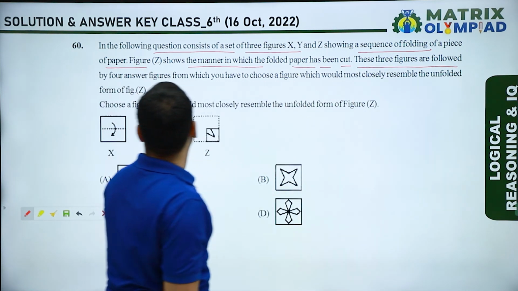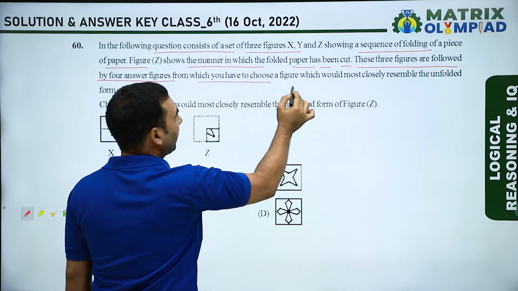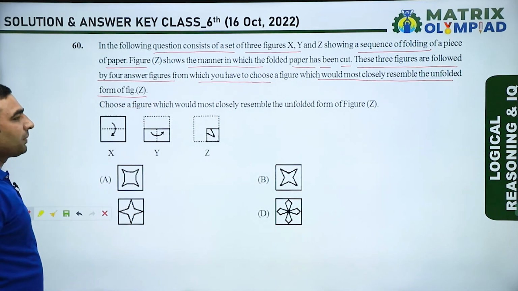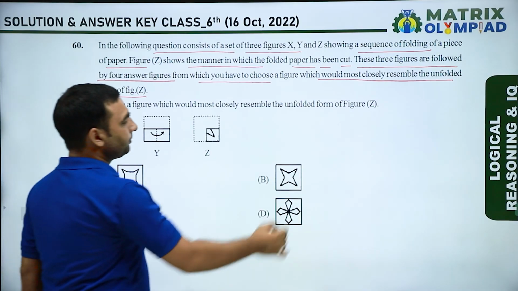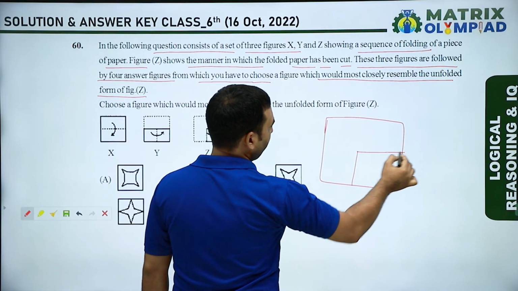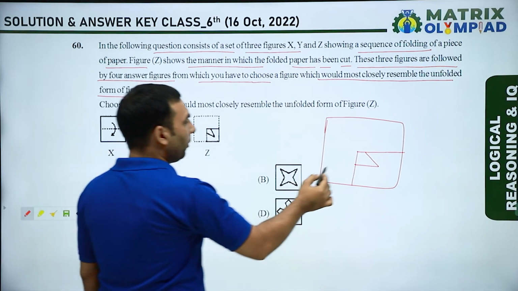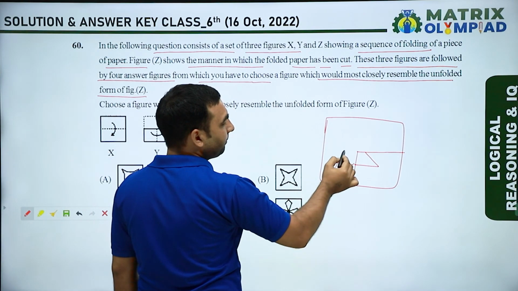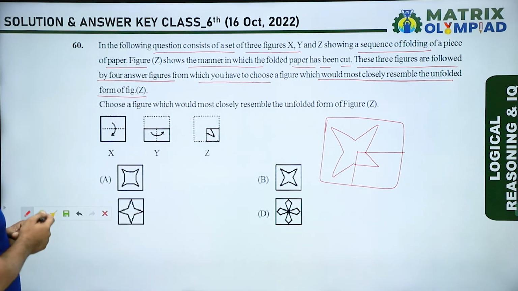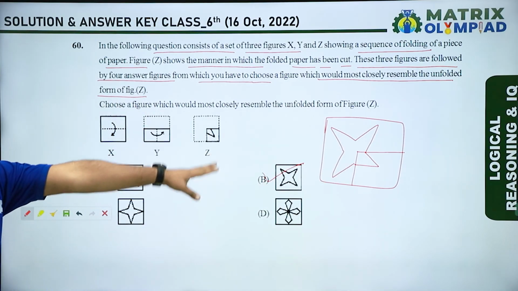These 3 figures are followed by 4 answer figures, from which you have to choose a figure which would most closely resemble the unfolded form of figure Z. If we fold this figure, for example, if you cut this type, then if you fold, this is also this type, then this is. Which figure is the same? Our answer is option B.